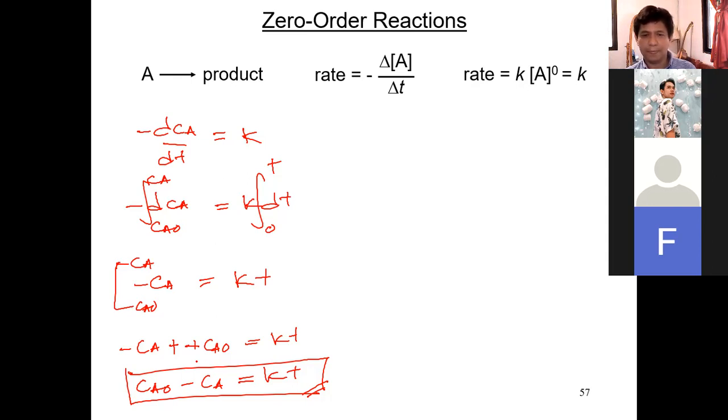Di ba? You got what I mean? So parang negative CA is equals to negative CA0 plus kt. So, di ba linear to? Ito yung y, tapos ito yung y-intercept, tapos ito yung slope. Ito yung x, yung t.